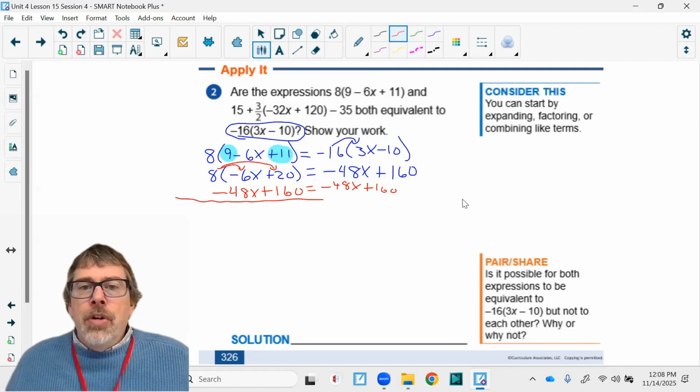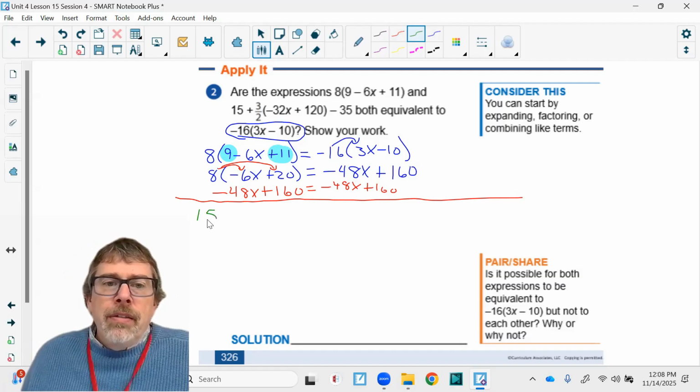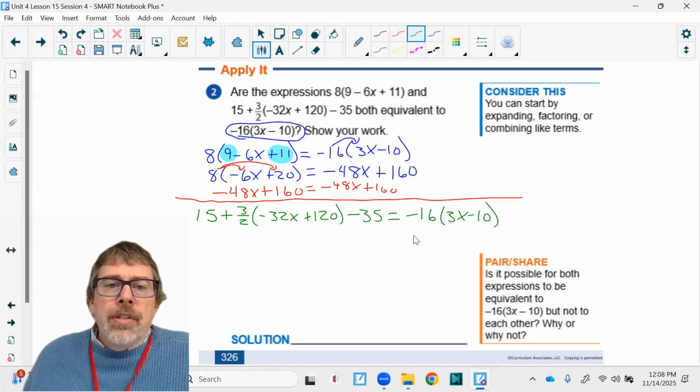So now I'm going to just draw a line, and now we do it again with the other. So we have 15 plus 3 over 2 quantity negative 32x plus 120 minus 35. And I want to see if that's equal to negative 16 times 3x minus 10. Okay, so it's the same old, same old. 15 has to wait.